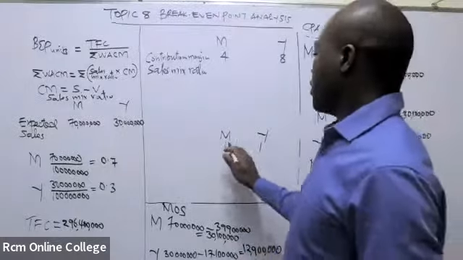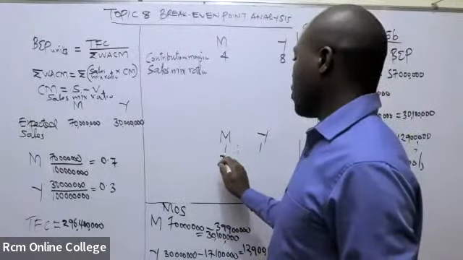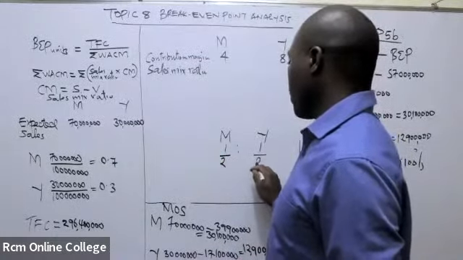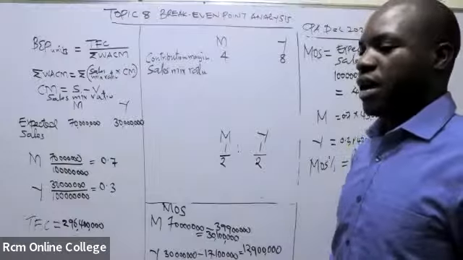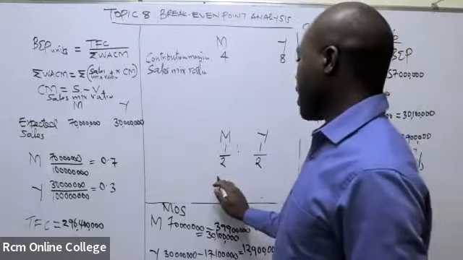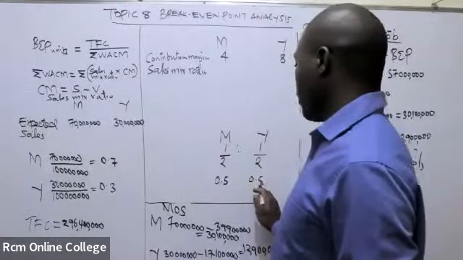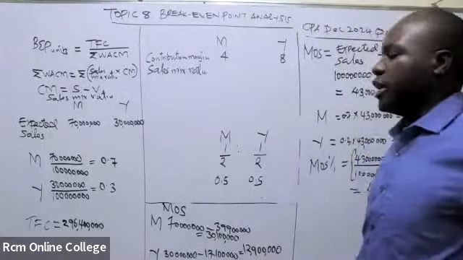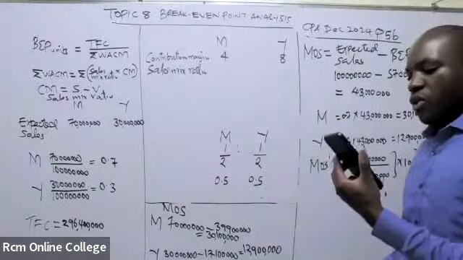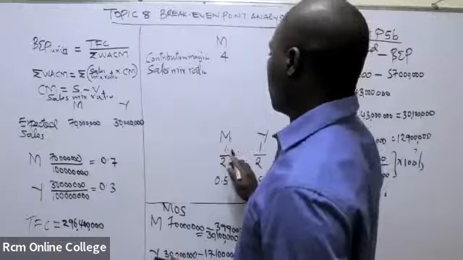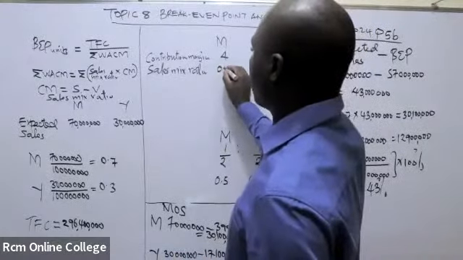So product M will be having 1 over the total, and product Y will be having 1 over the total. Half is the same as 0.5. That's how we deal with it. So let's say the sales mix ratio is given as 1:1, so we take 0.5.